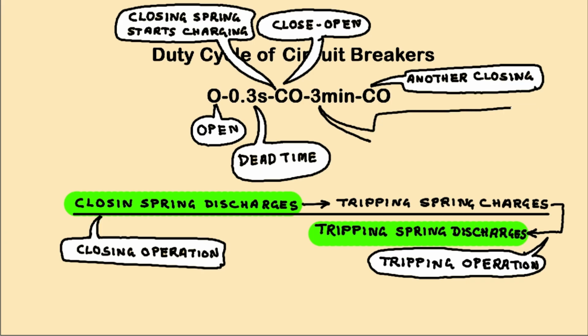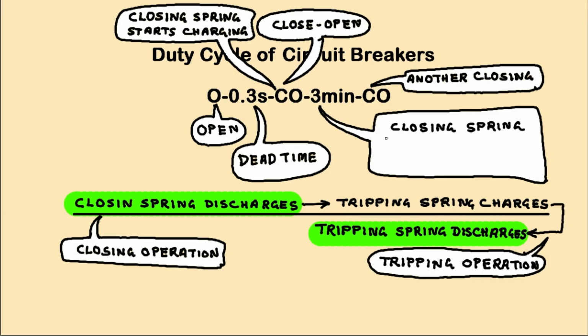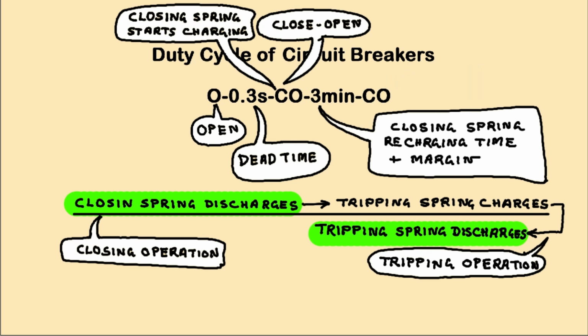So, the breaker should not be closed again, either by auto recloser or manually, before 3 minutes have passed. This 3-minute interval is the standard margin, allowing the spring mechanism to fully recharge along with the dielectric medium to recover. Only after this can another closing operation be performed.